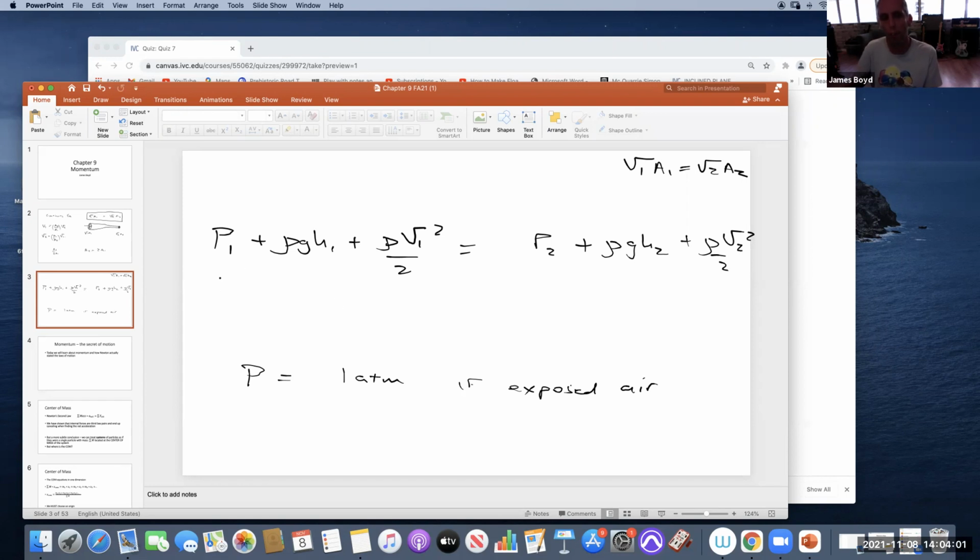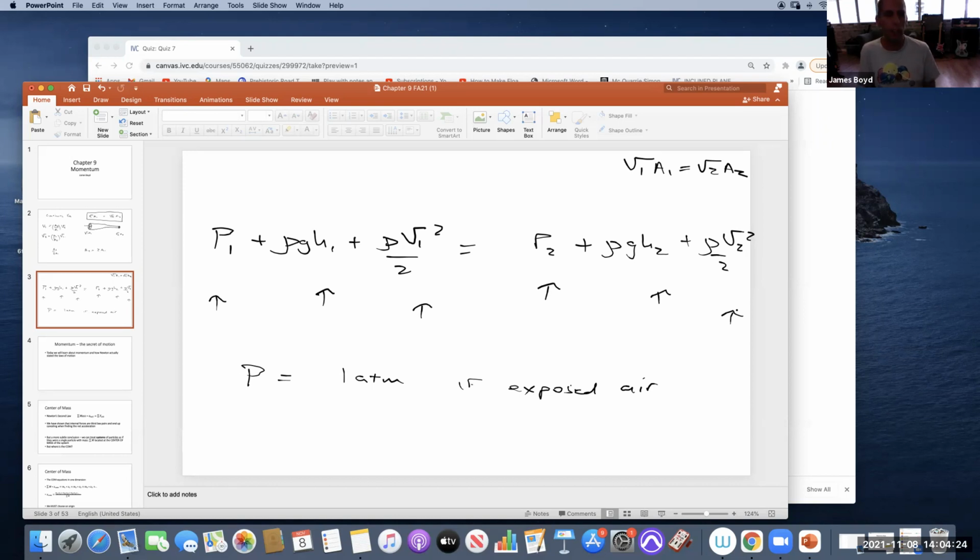In general, depending on what you're asked for, you might need to find the static pressure, the heights, or the velocities. And usually what happens is you're either given 2 velocities and one of the cross-sectional areas, or you're given 1 velocity and 2 cross-sectional areas, or you're given the cross-sectional areas and no velocities.